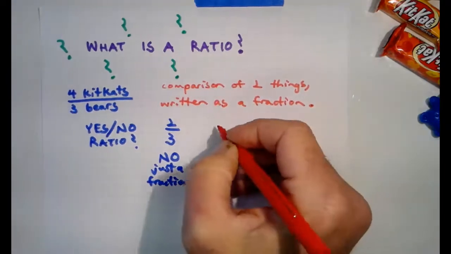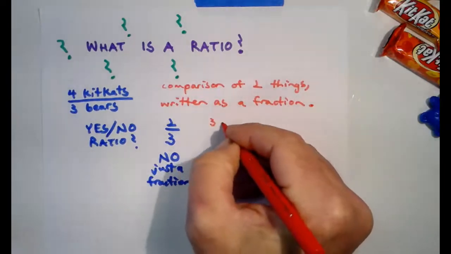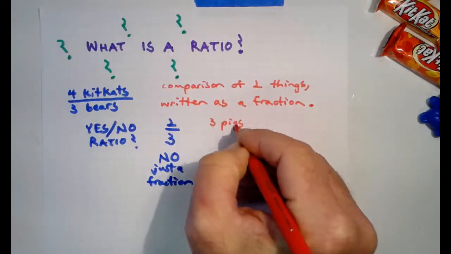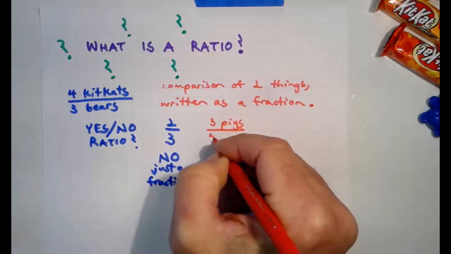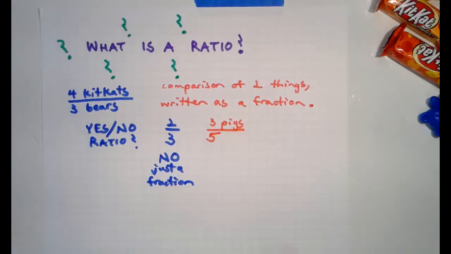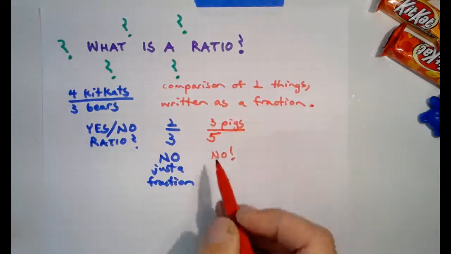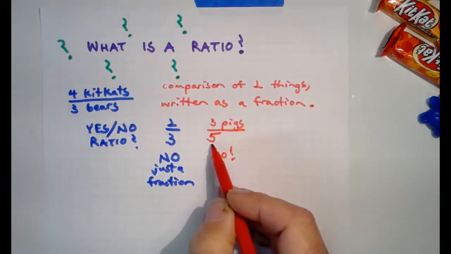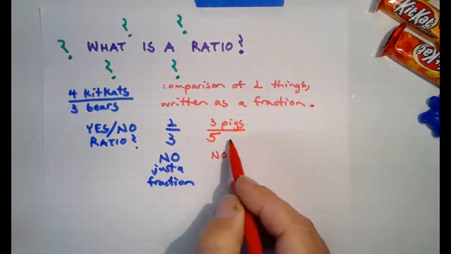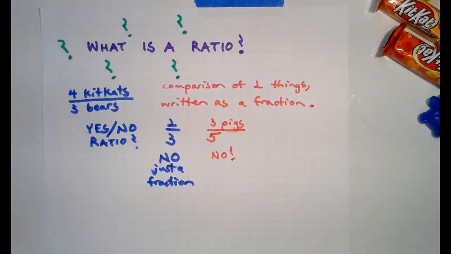How about this? No. We've got 3 pigs up there, but we don't know what 5 we have down here. Is it 5 more pigs? Is it 5 brown pigs? We don't know.